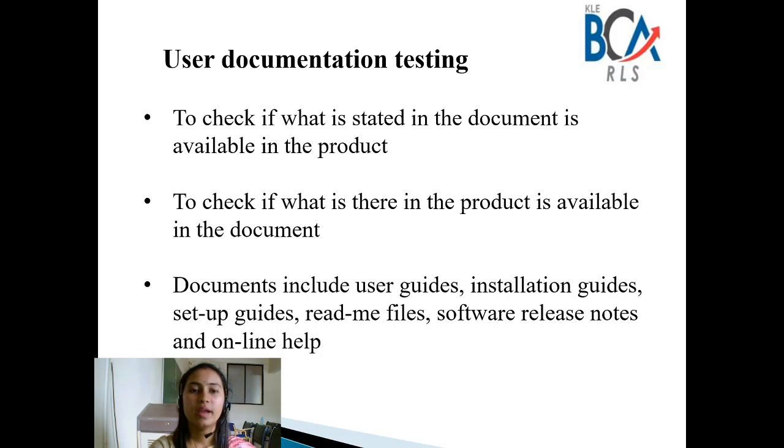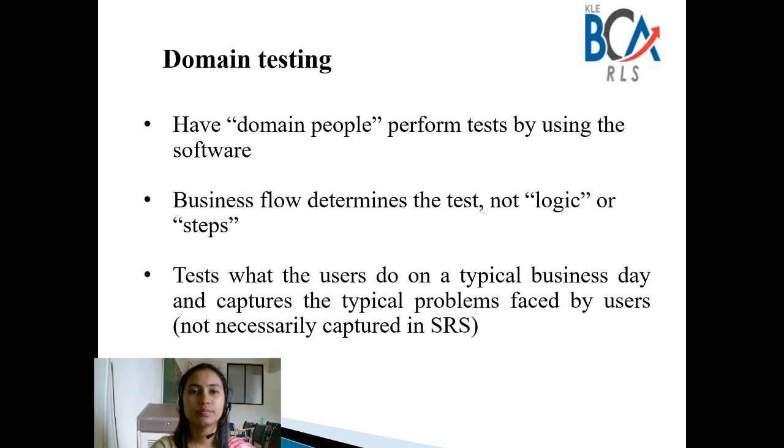The documents include your user guides, installation guides, setup guides, and sometimes readme files, software release notes, and also online help. Every software or every online app will have some help, right?